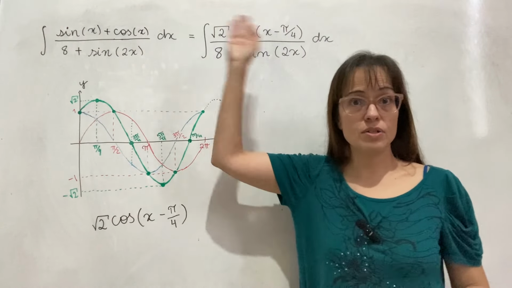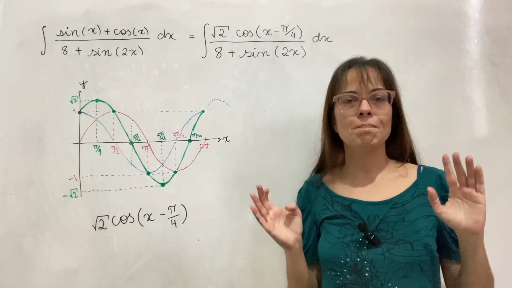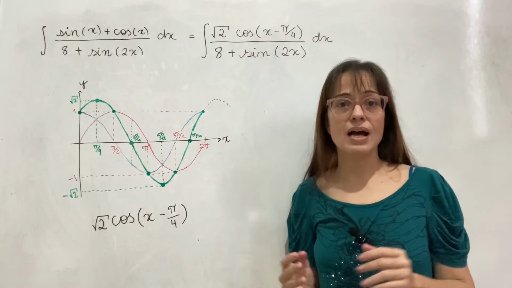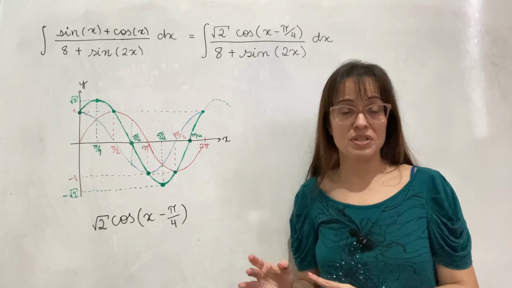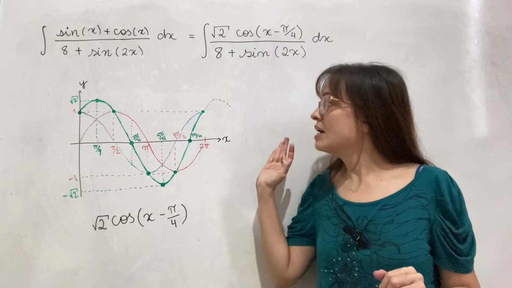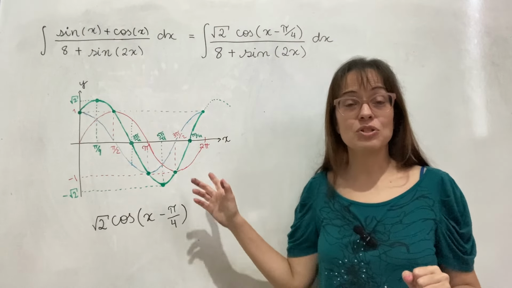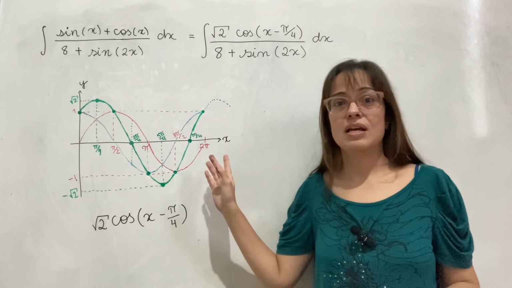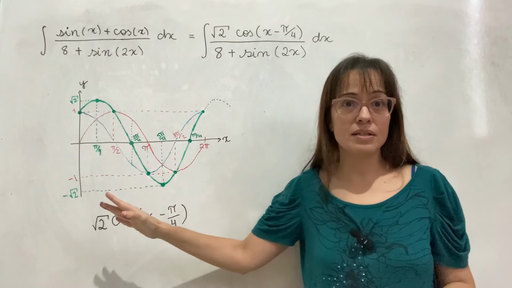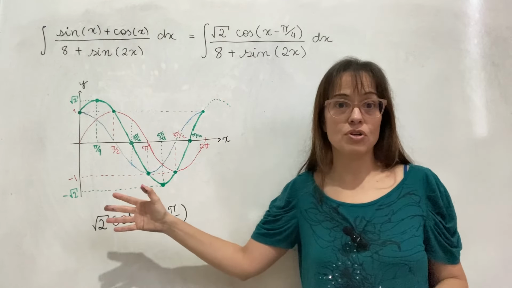Okay, so I've put that into the integral, and before I move on, I want to make sure that I prove something here because I hope you are questioning what I just did. I took a trigonometric function and I graphically added it to another trigonometric function.